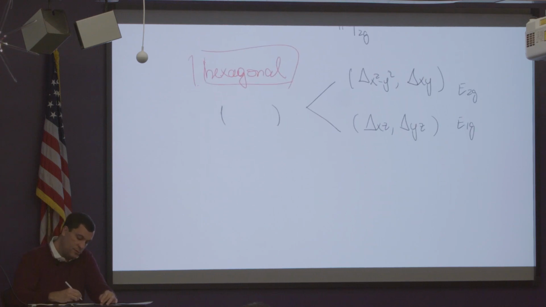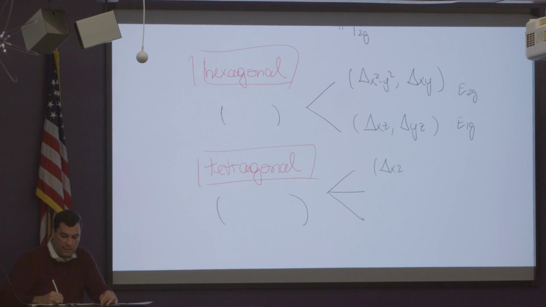And now, just for completeness, the tetragonal case, which is where most of the discussion was dominated over the years because of cuprates, of course. Then we split into 3 possibilities. One is dxz, dyz, the other is x squared minus y squared, and the other is xy.